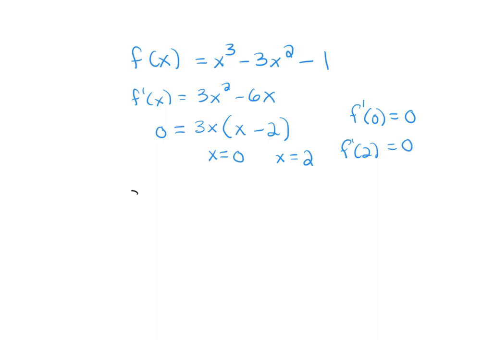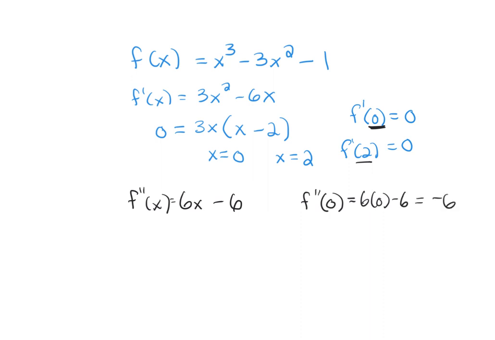So now if we take the second derivative, that would be 6x minus 6. Now let's do the second derivative at these critical points. The second derivative at 0, meaning we plug in 0: 6 times 0 minus 6 equals negative 6.